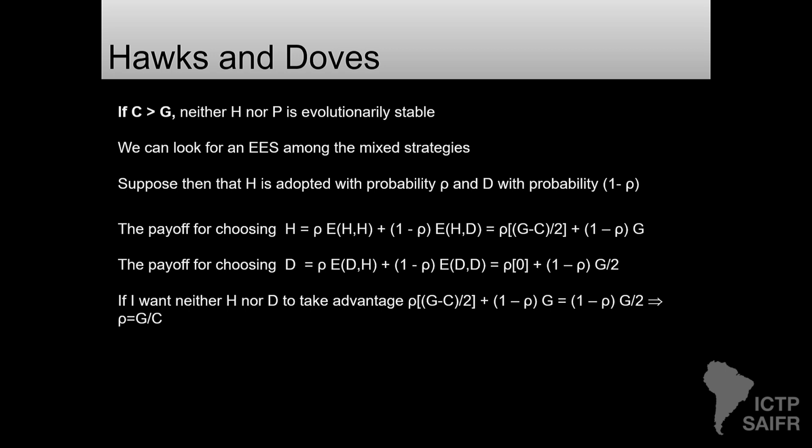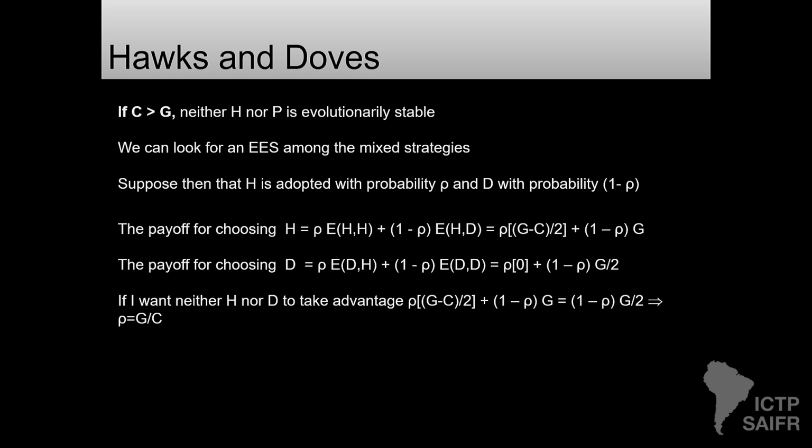Or if the dove is taking advantage, I will move to dove and increase my fraction of dove. So the condition to be in a Nash equilibrium is that neither a hawk nor the dove can take advantage while competing with this strategy.